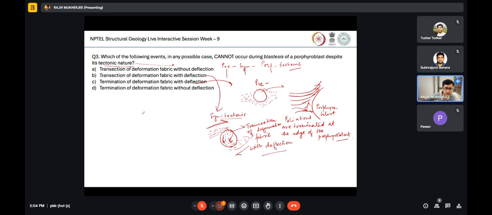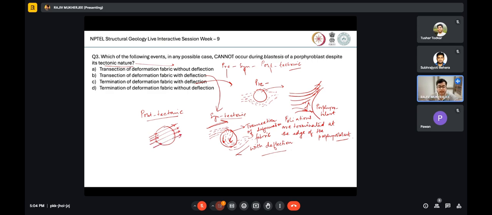Now, if we just talk about post-tectonic blastocysts, in that case, what will happen? It will grow over the foliations. So if these are the foliations, the crystal will grow over that foliation, and that means it will transect, cut across the porphyroblast, and the foliations will enter and exit the porphyroblast.